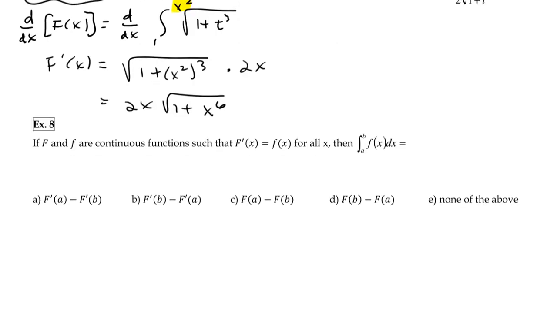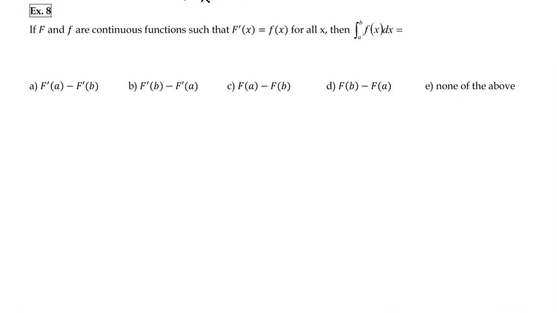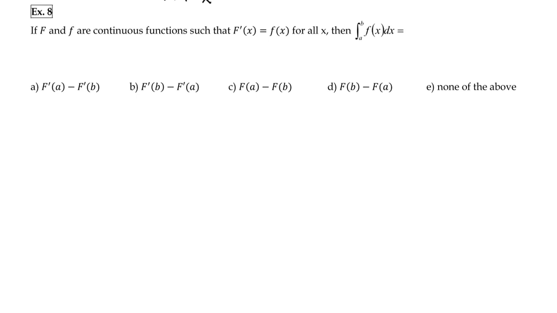Okay, going on to 8. It says capital F and little f are continuous functions such that capital F prime's derivative is little f. Then they're saying, well, what will this give us? Okay, let's write this out. If I'm trying to integrate little f, what am I going to get?